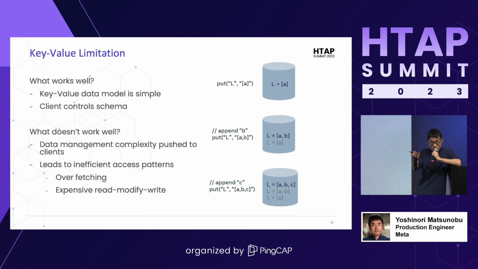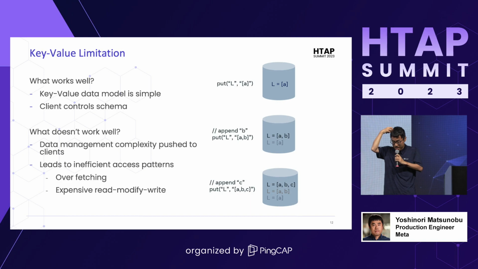But it doesn't work well all the time. If the value structure gets more complex, managing it gets more and more complicated. If you have a record with an array containing A, and you want to add B, you need to overwrite it, and internally it needs to write the whole image, AB, then ABC, the whole image again.